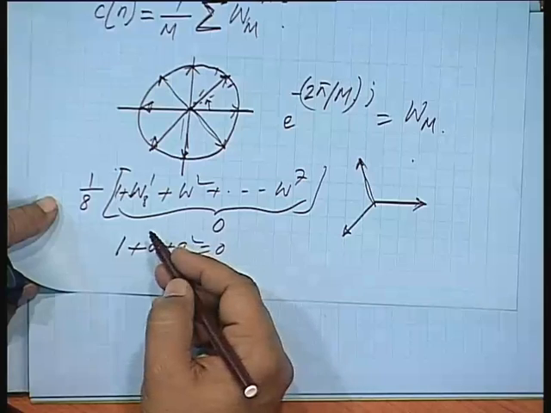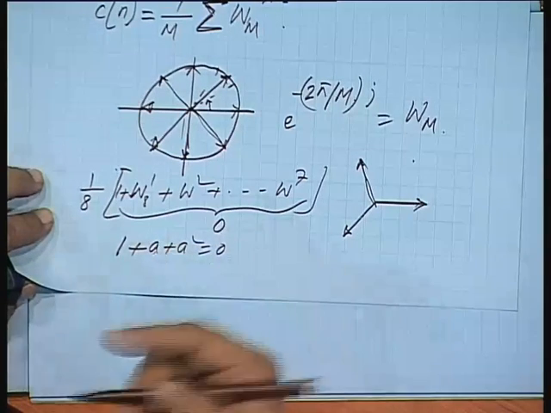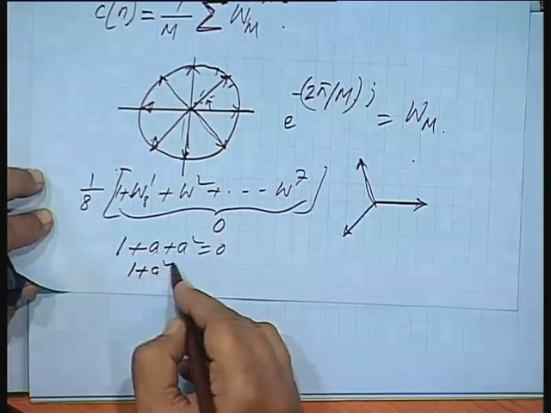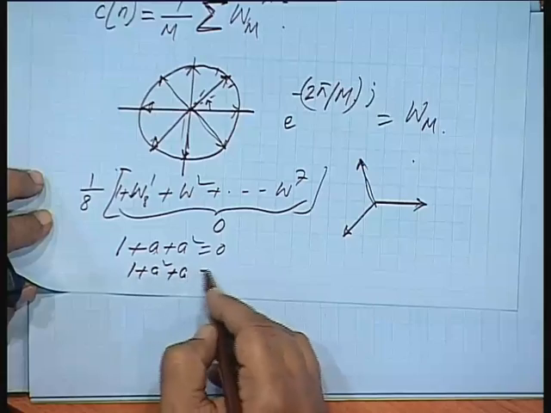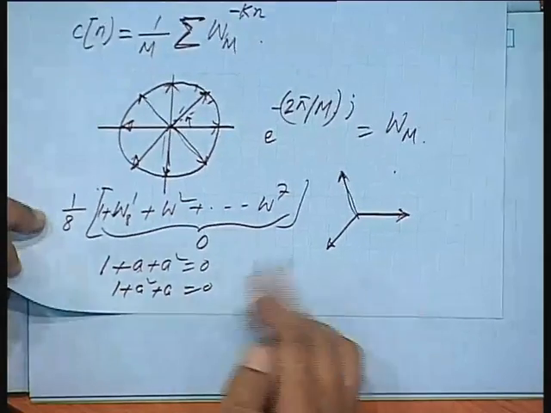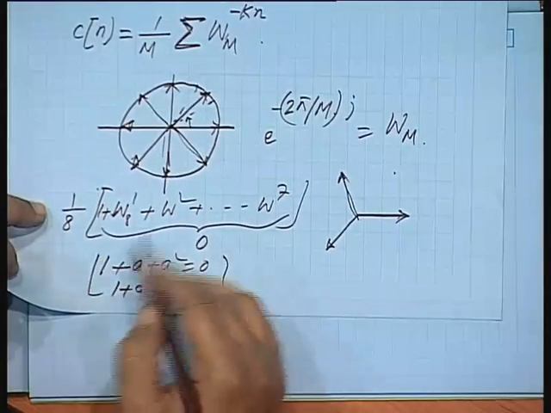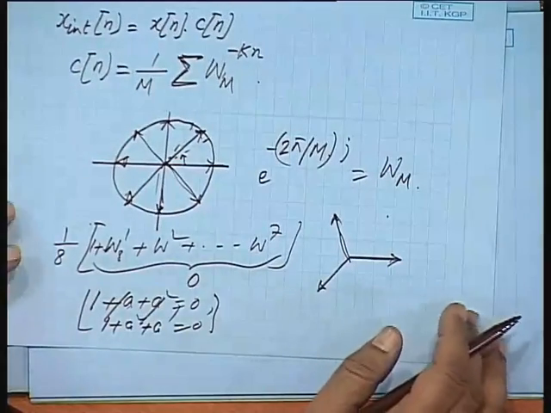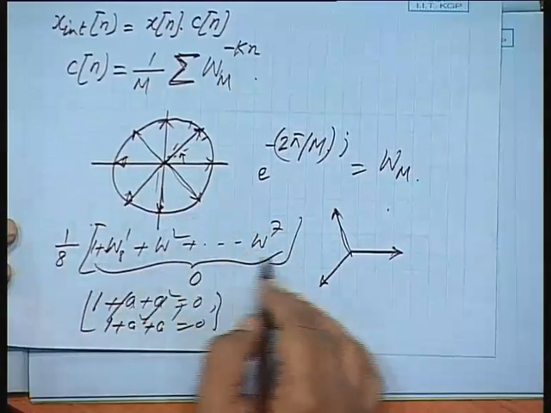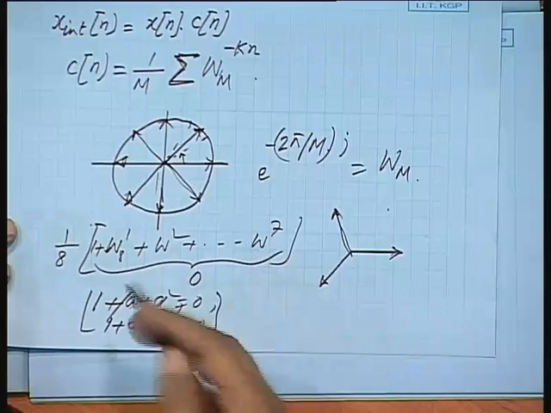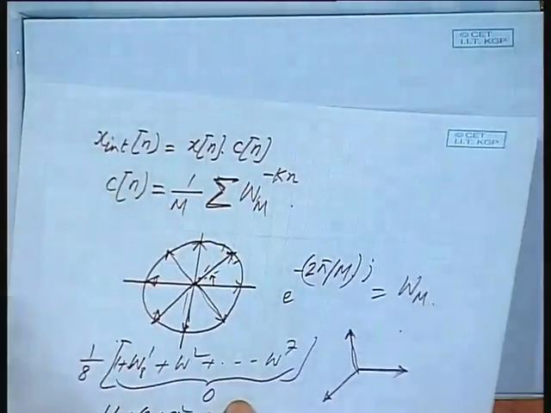If I take double the value of that shift, so 1 plus a square plus a to the power 4, which is again a, that is also 0. So, very similar operation, you take any n point sequence and these values will always be equal to 0, every nth step only it will appear as 1. So, Cn can be conceived as this.